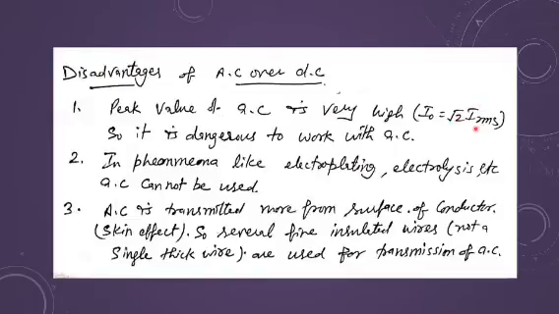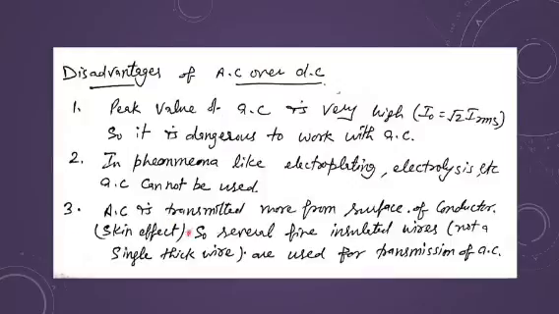It means root 2 times 220 volt. So it becomes very dangerous to work with AC. In phenomena like electroplating and electrolysis, we cannot use AC, we have to work with DC. But we can convert AC into DC using a rectifier circuit. So this problem is sorted out.